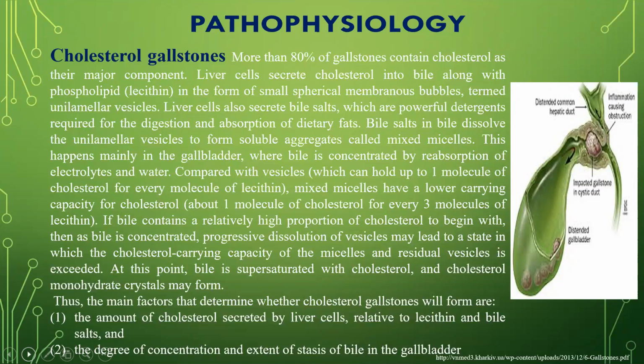This happens mainly in the gallbladder, where bile is concentrated by reabsorption of electrolytes and water. Compared with vesicles, which can hold up to one molecule of cholesterol for every molecule of lecithin, mixed micelles have a lower carrying capacity for cholesterol.